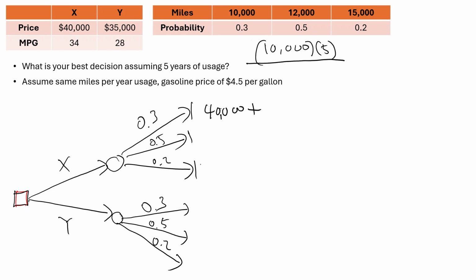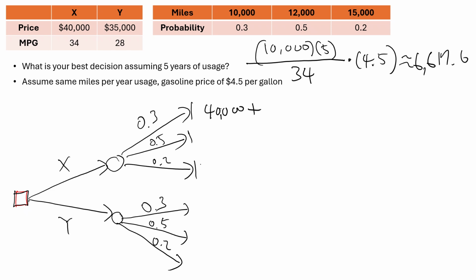You gotta divide this by the miles per gallon for car X, which is 34. So this relationship should give you the total gallons in the next 5 years that you're gonna need, and we're gonna multiply this number by $4.50 per gallon. Okay. So if you multiply this out, you should be getting roughly 6,617.6.